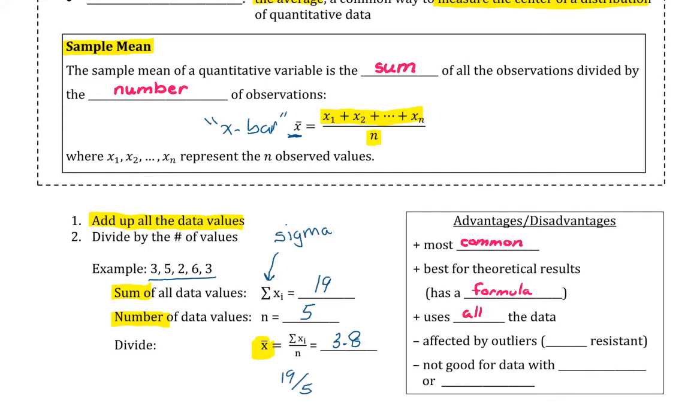And it uses all of the data that we have. Some of the disadvantages are it is affected by outliers, meaning it is not resistant. And it is not good for data with outliers or data that has skew.